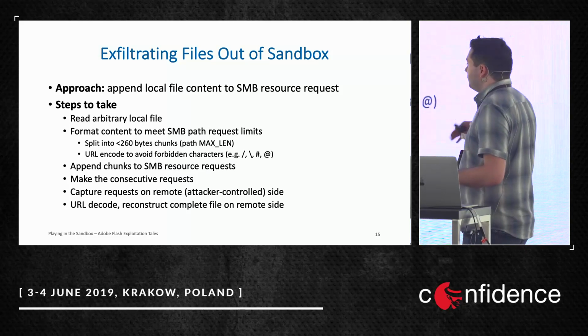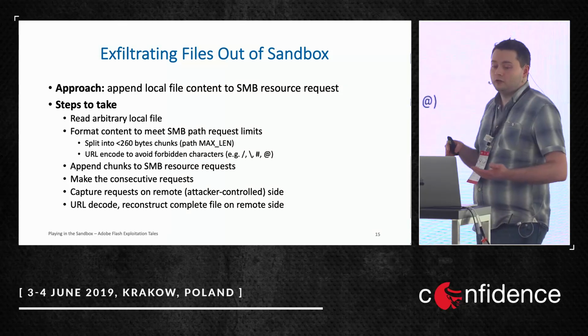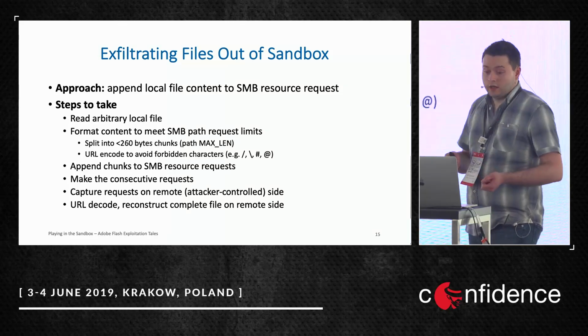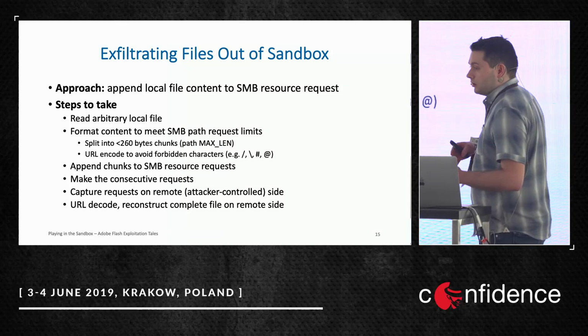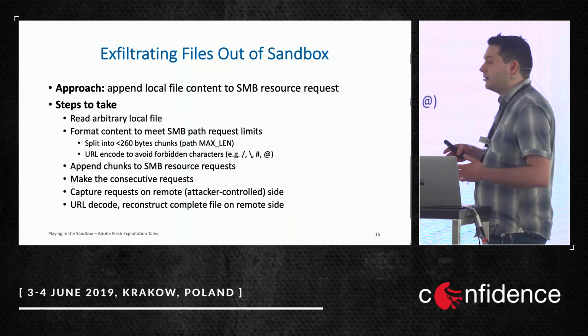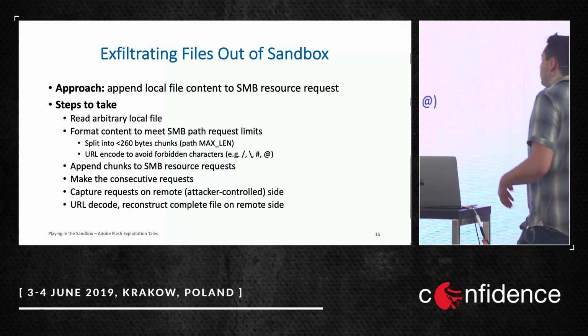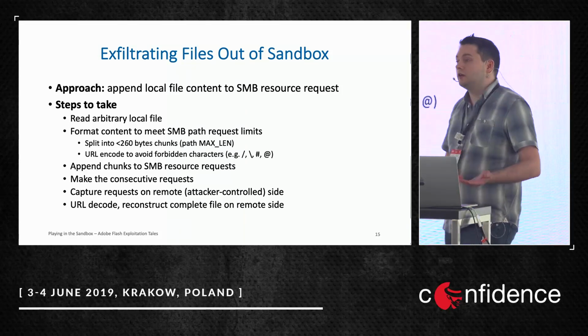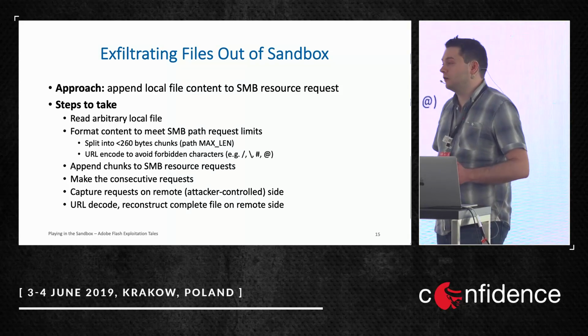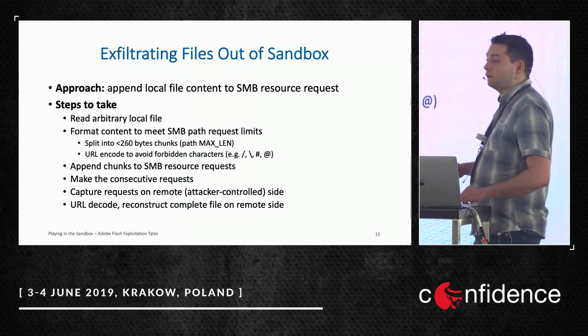So the file you're reading, you need to split in at most 260 bytes. And then URL encode whatever content it has. Then you append the chunks to all the SMB resource requests you're going to make. You make the requests, and on the attacker end, you capture all your requests and reassemble the entire file.